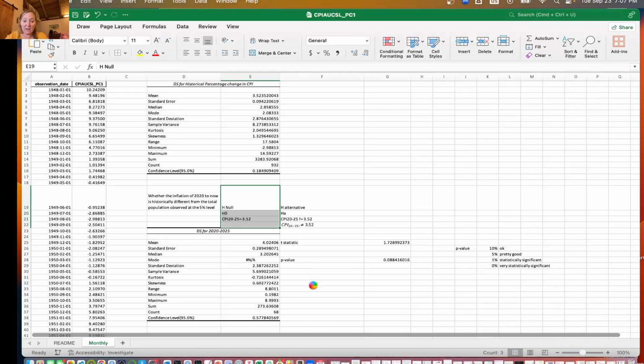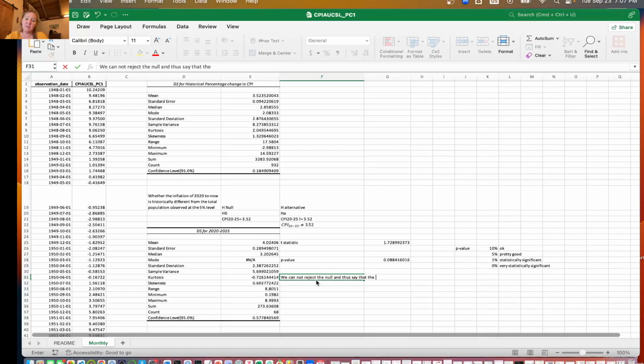So we're going to say we cannot reject the null, and thus say that the time period between 2020 and 2025 is not statistically different than the historical change in CPI.